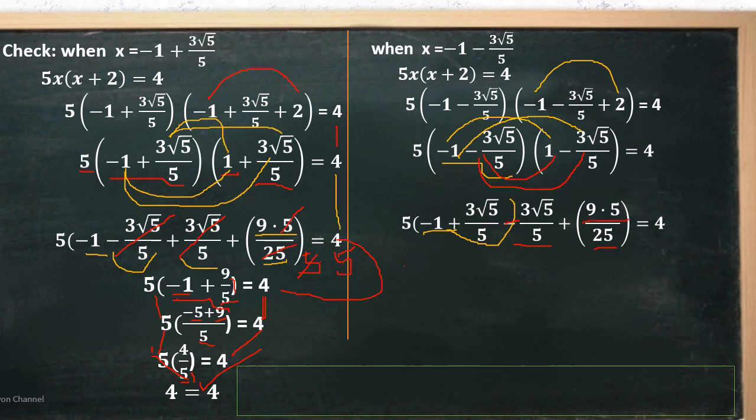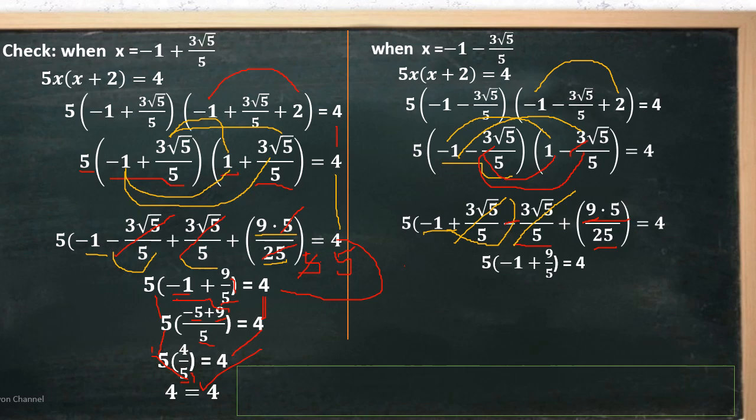So same explanation as with the first check. Negative 3 times negative 3, the answer is 9, and square root of 5 times square root of 5, the answer is 5. 5 times 5 is 25, and bring down 4. Next, we have to combine 3 square root of 5 over 5 and negative 3 square root of 5 over 5, that is 0.